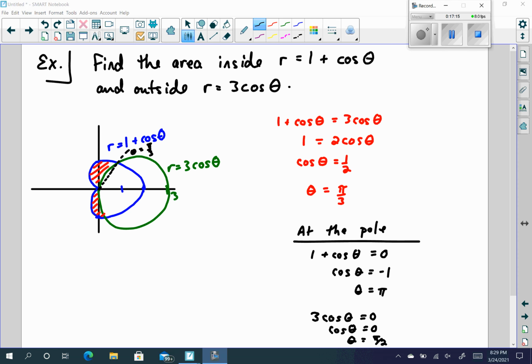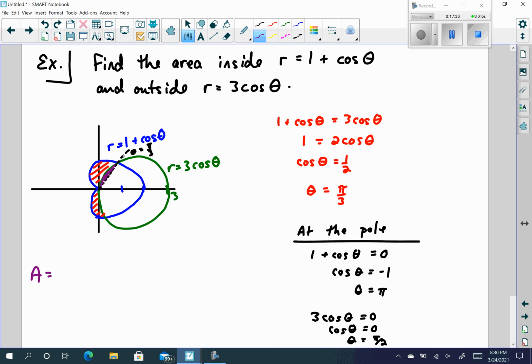So if we set up the area to equal, I'm going to do this in a different color, because right now if we start at pi over 3, we also have this little bit of area that's right here.